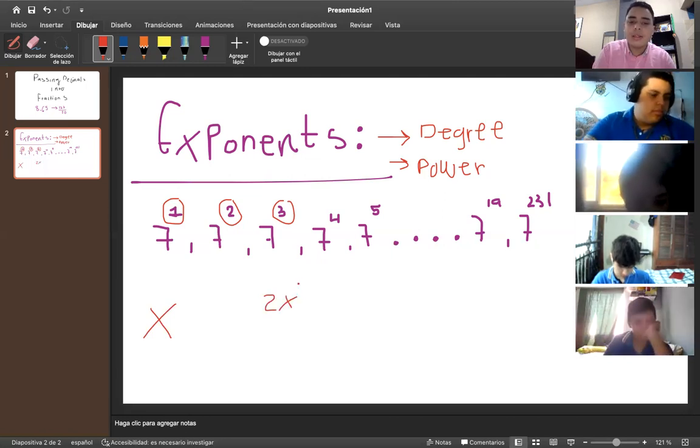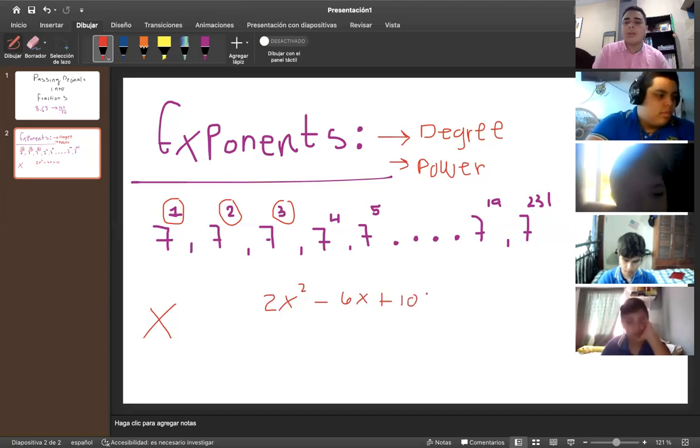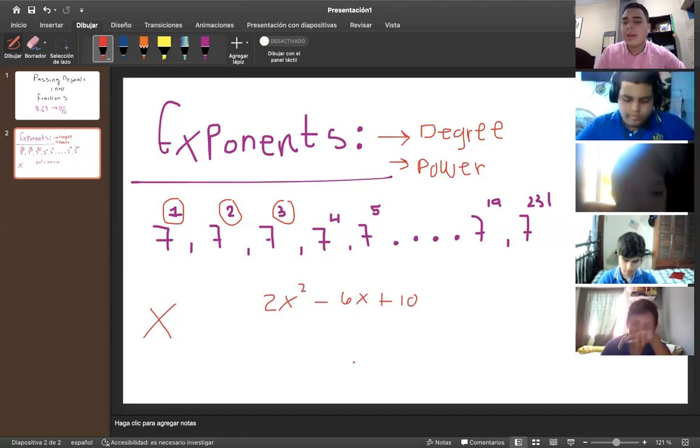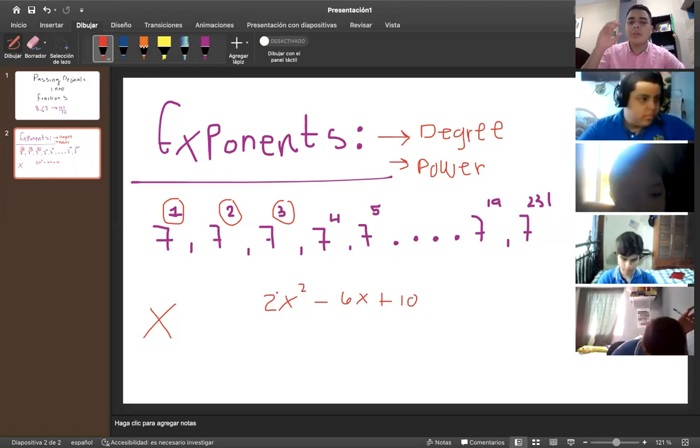This is a polynomial, just an example, okay? We're not looking at polynomials now. You are going to learn how to solve this kind of exercise using letters and numbers. But right now we are just focused on the exponent, on the number.